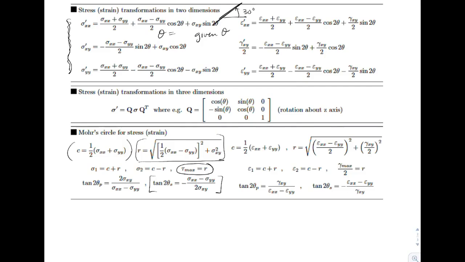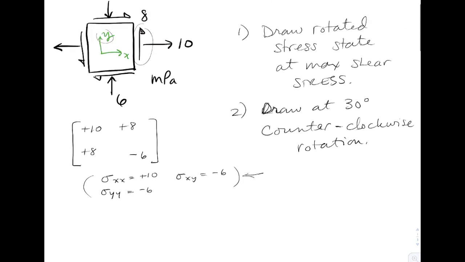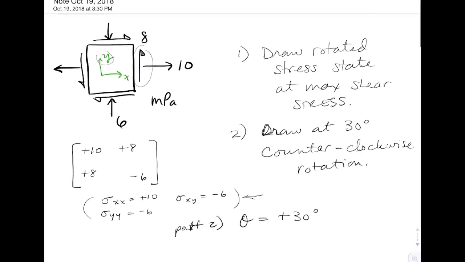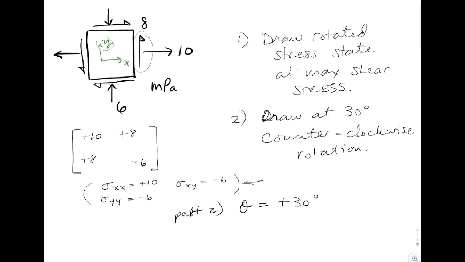So for this, we would use theta equal to 30 degrees. So we'll just go back up here for part 2. We would use theta equal to positive 30 degrees. Counterclockwise would be creating a positive slope there. So that sets us up for the equations. We're going to do this focusing a little bit more on Mohr's circle.